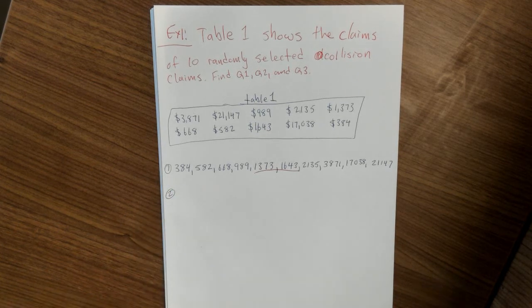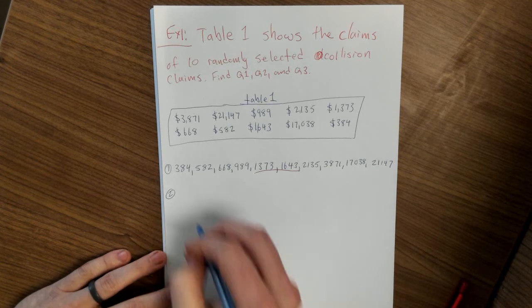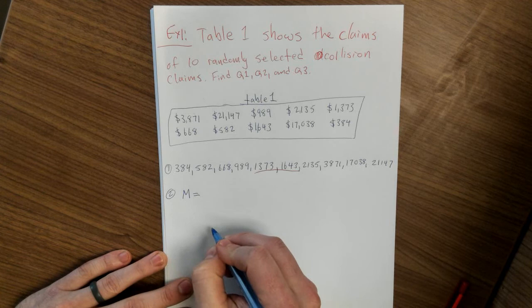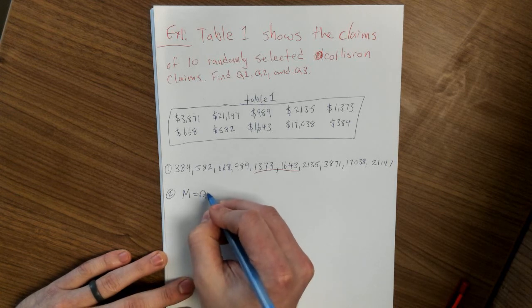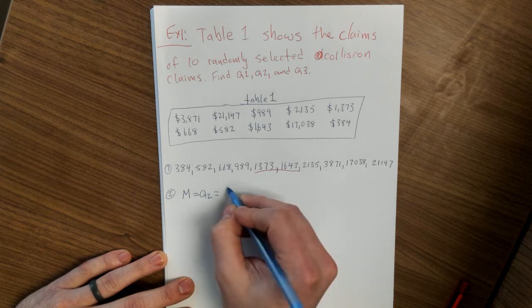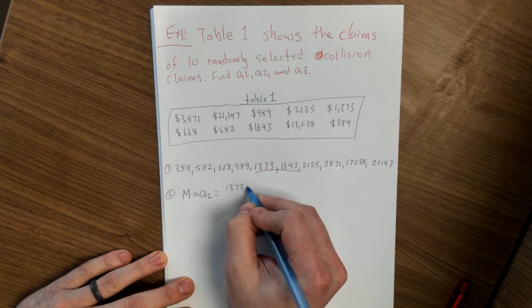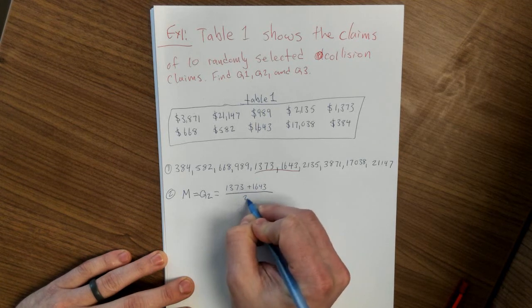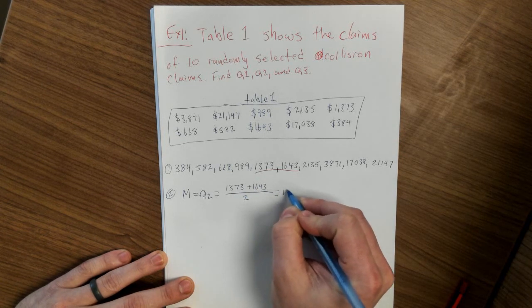To find M, we have to add these two and divide by 2. So capital M, the median, is also equal to Q2, is equal to these two added together divided by 2, which gets you 1508.